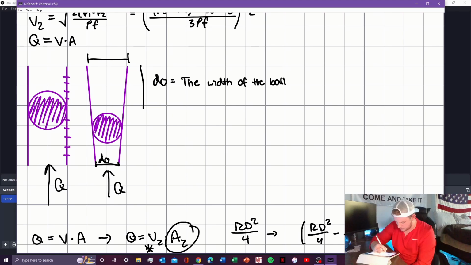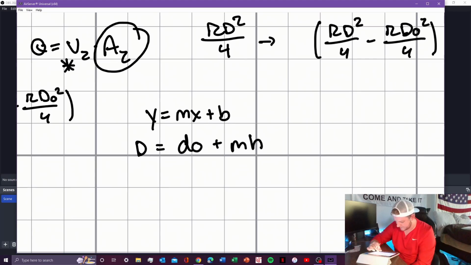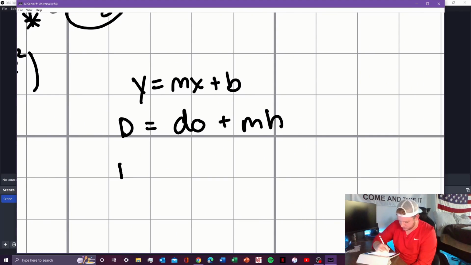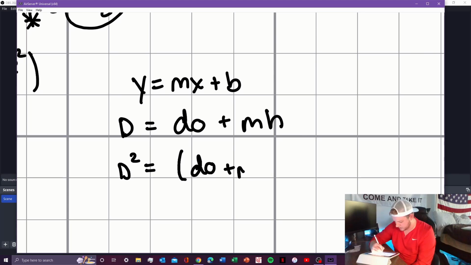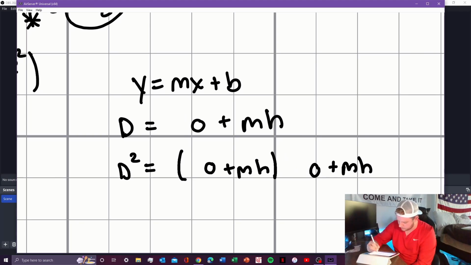The height is this. D squared would be D naught plus m times h, times D naught plus m times h. And excuse me, I keep putting lowercase d's. That's my fault. There we go.